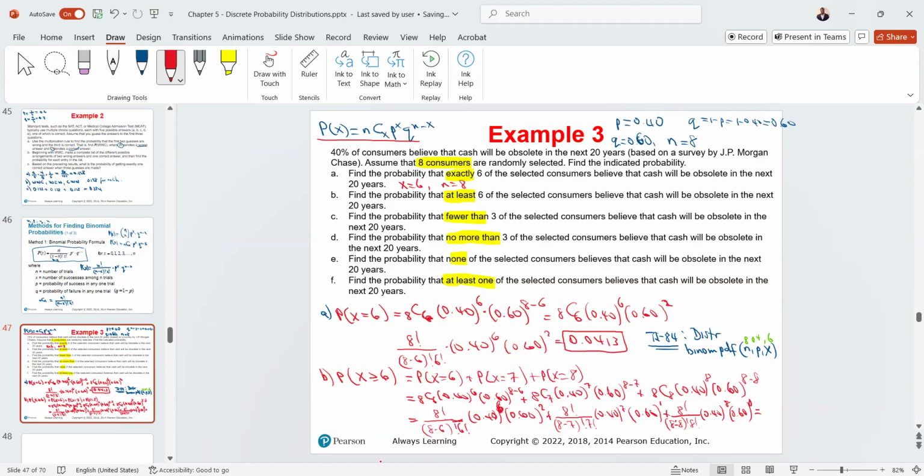So when you do all of this, I believe the answer for at least 6 would be 0.0498.